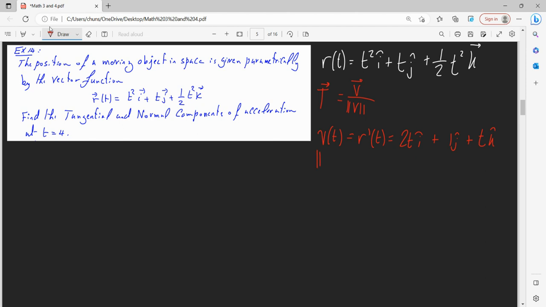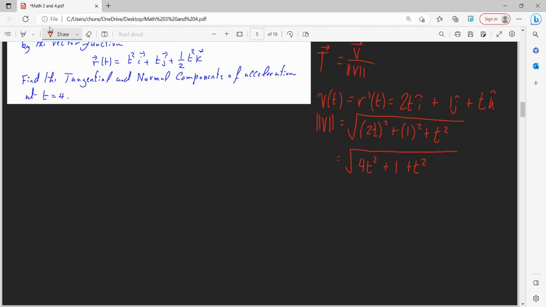Let's find our speed, which is each component squared under the square root. That's equal to 4t squared plus 1 plus t squared. I'm just going to keep it under the radical.